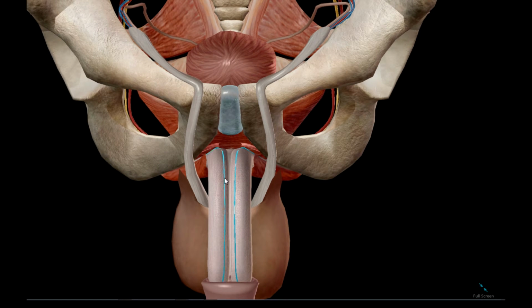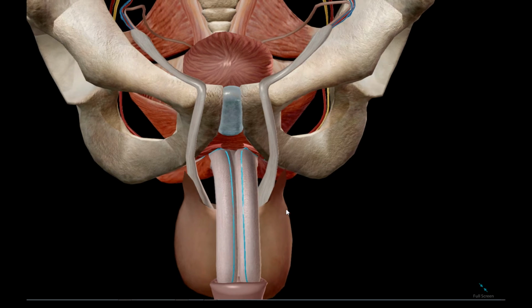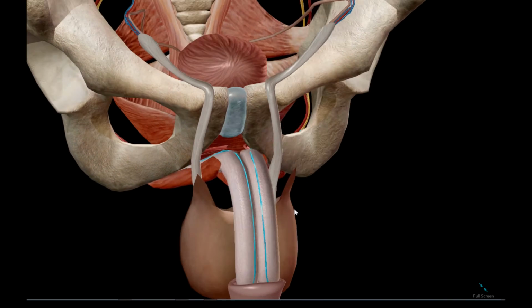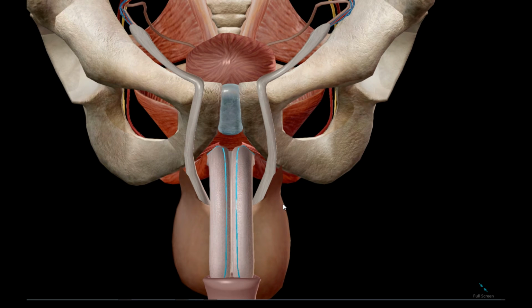And we have the nerves, which are the deep, or the dorsal, nerves of the penis.